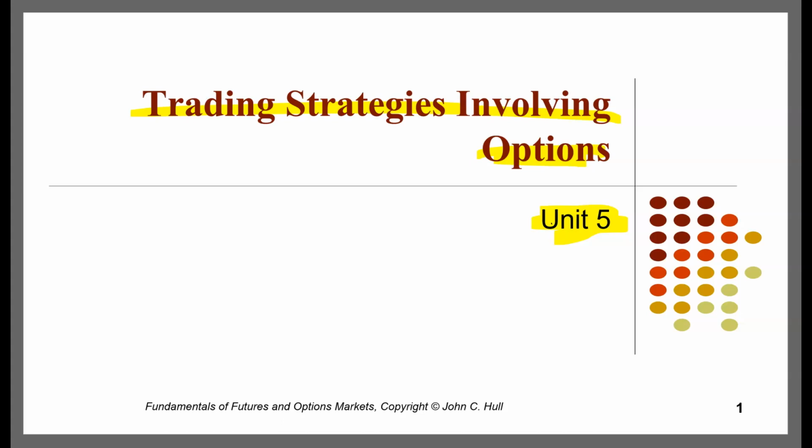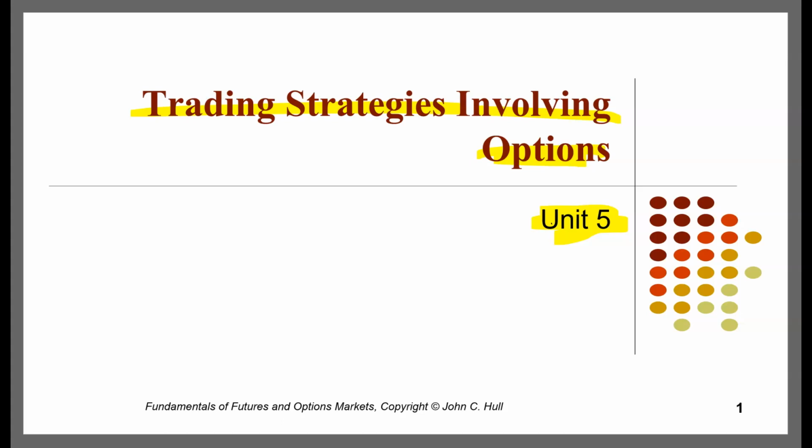Unit 4 was on the mechanics of the option market, and now we're looking at trading strategies using options in Unit 5. What we're going to do is start working on this on our board, and once we're done with the board, we're going to come back and look at the slides.